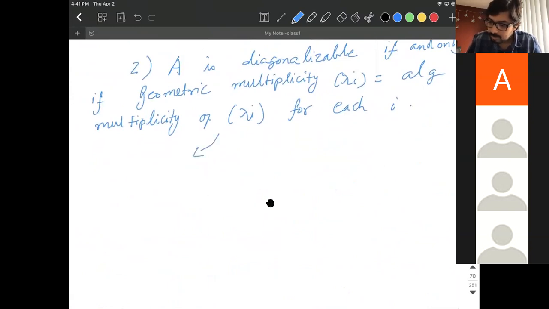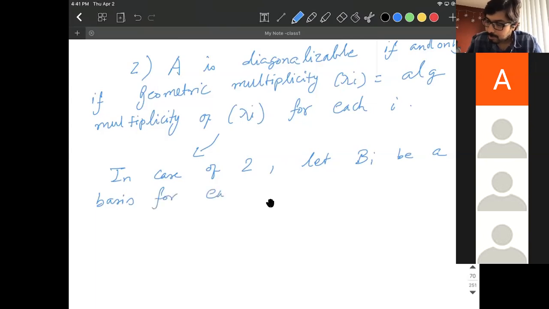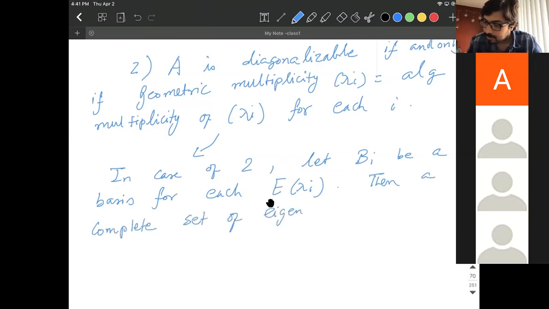So in case of 2, let Bi be a basis for each E of lambda i, then a complete set of eigenvectors of A is given by just collecting the bases, B1, B2, up to Bk.